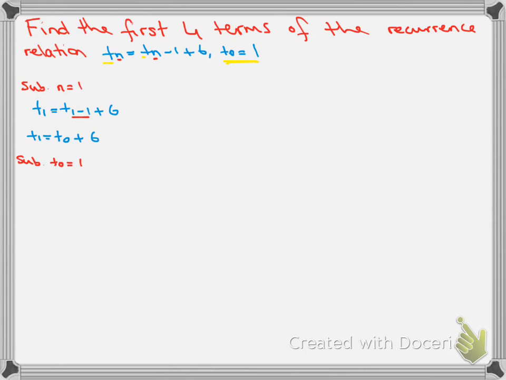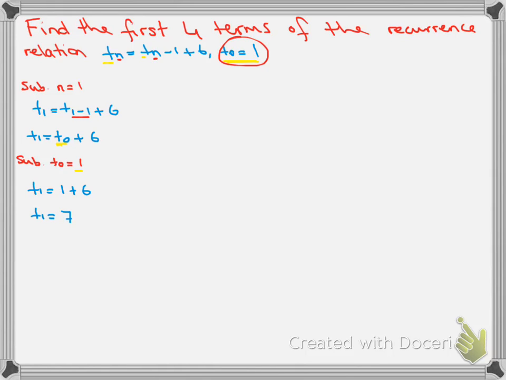Whenever we see the t0, which is this one here, we need to substitute it with a 1. Why? Because up the top here, if we look up the top, t0 is equal to 1. So going back to our equation, we have t1 equals 1 plus 6. Therefore, t1 is equal to 7, if we get our calculators out.